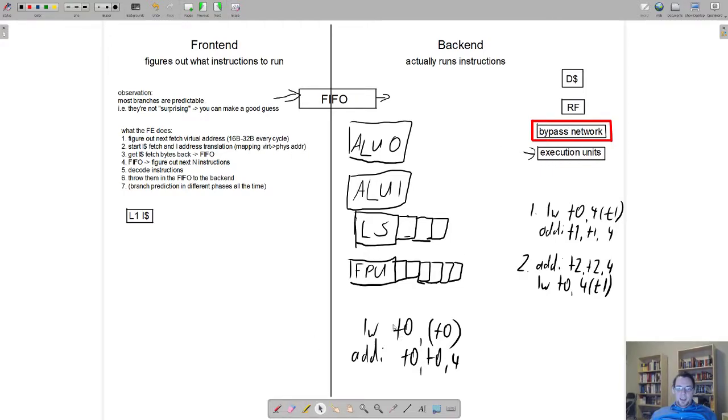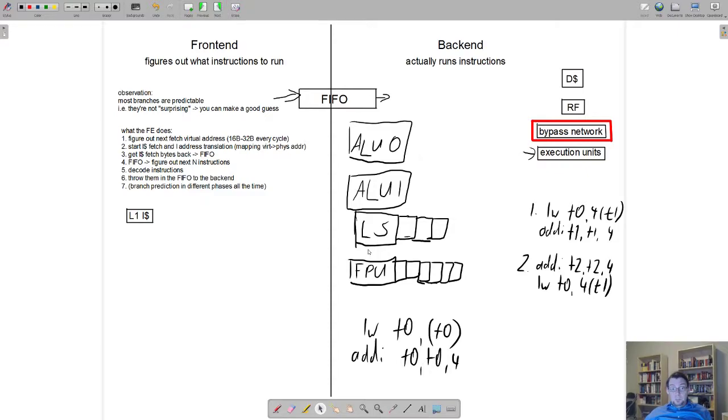It just means this add instruction here is going to pick up this value from the bypass, because as I already mentioned, we forward that as soon as possible. We definitely don't wait until this value of T0 that comes from the data cache has been written back to the register file before we hand it to the add. We immediately go from the bypass to here. So why do we even bother writing this to the register file to begin with?